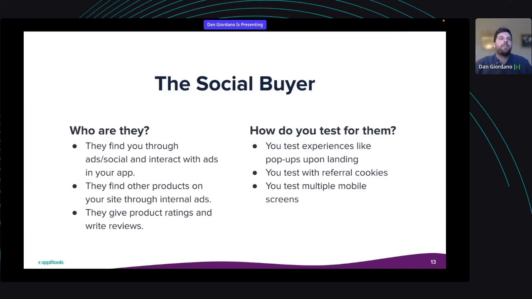These are things that maybe from a peruser standpoint don't need to be tested as directly, because a lot of times they will slowly click away pop-ups or accept cookies on the homepage, but that didn't block the specific shopping experience. The social buyer is much more direct, so it is very important to test those 5-second experiences where you're coming from a page with a referral cookie and you're landing on a shopping experience, that you need to make sure everything is present without inhibitors.